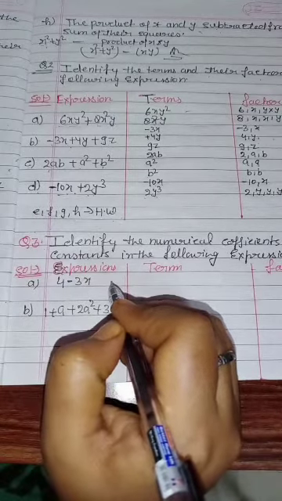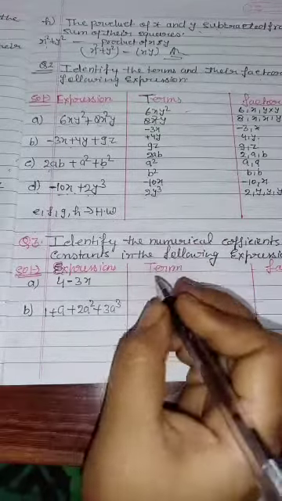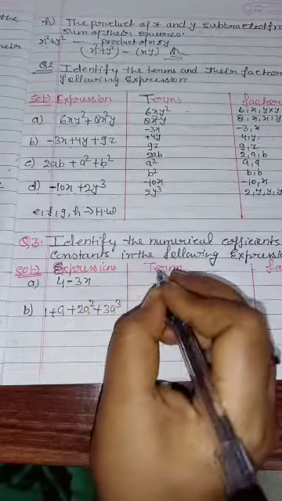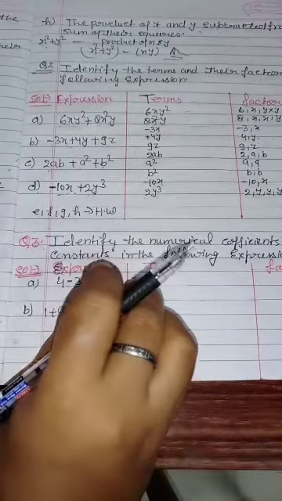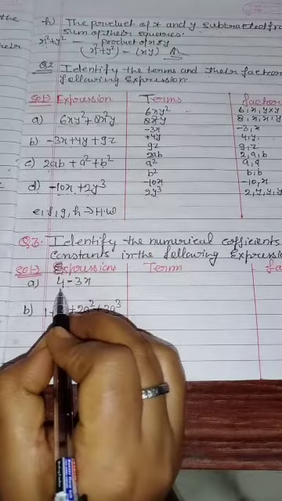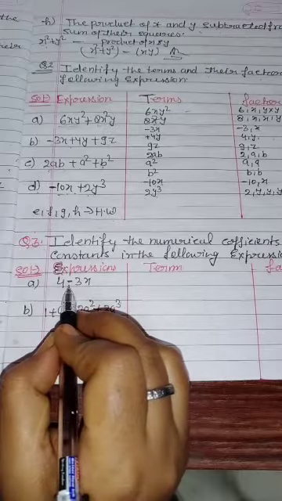See what is there. How many terms are there? You will not tell the constant term here. You can see that in here the first term is 4, so we are not going to discuss that.